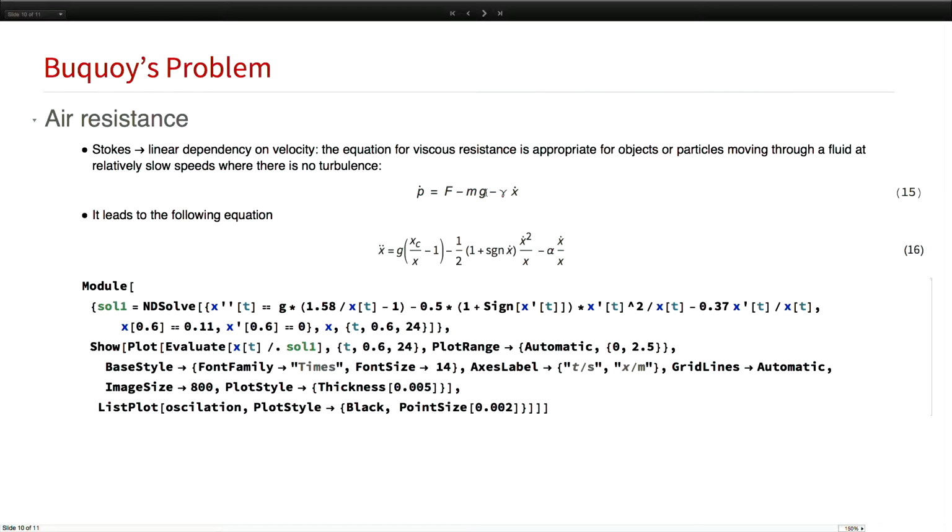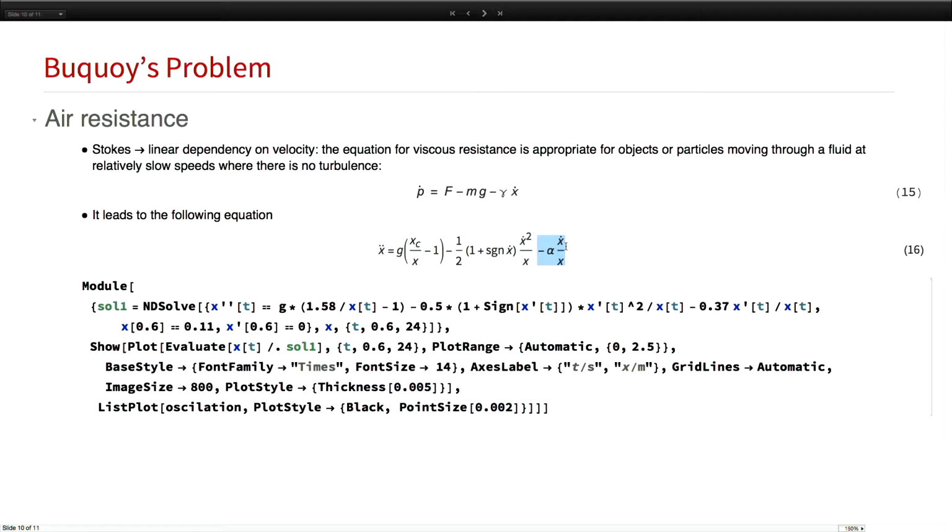This is this term, and after several arrangements, you have to rewrite the last differential equation to this form. So this term is additional.